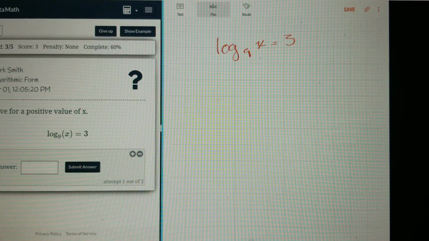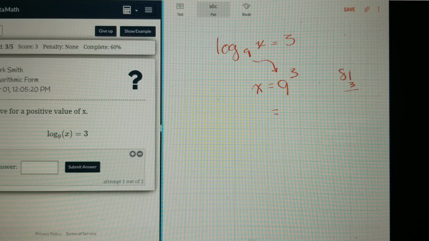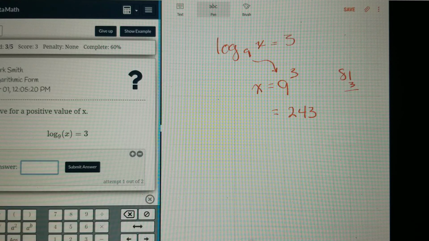So this x comes down, and this 9 goes right here. So that's 9 to the third power. You could put 9 to the third power in your calculator, and that would give you 81 times 9, which is 729.